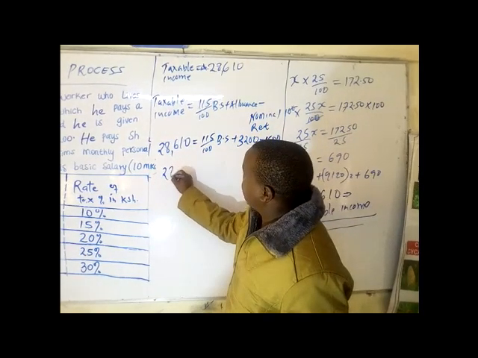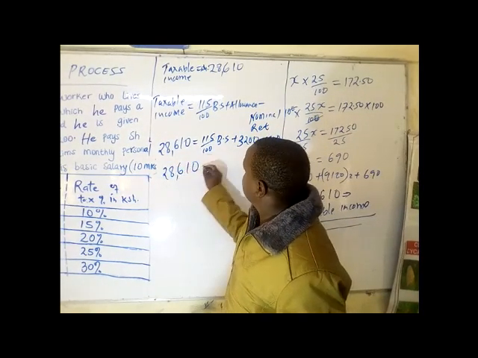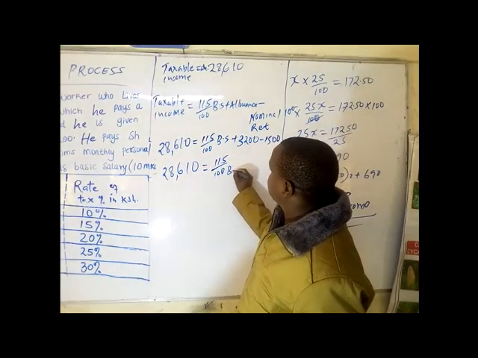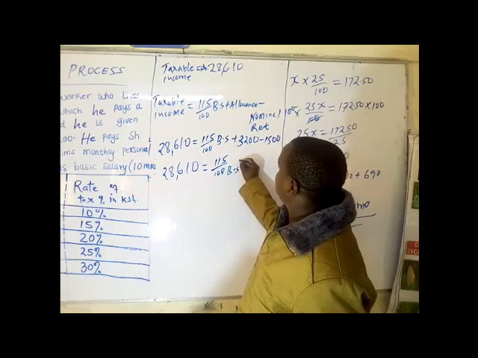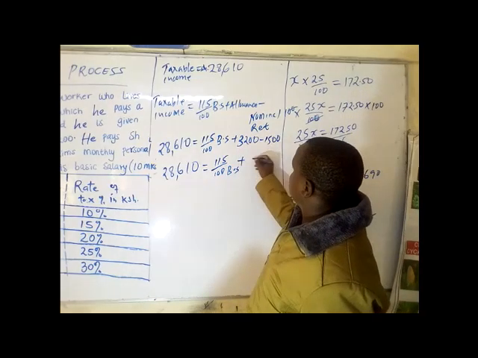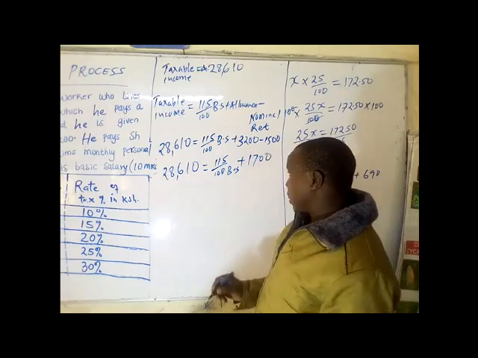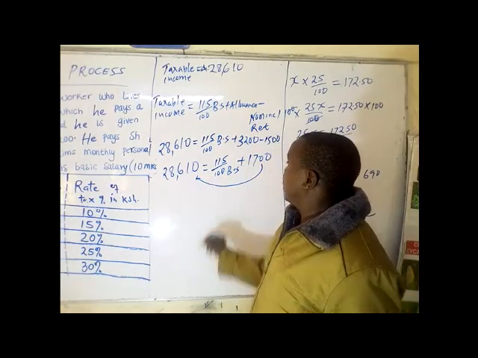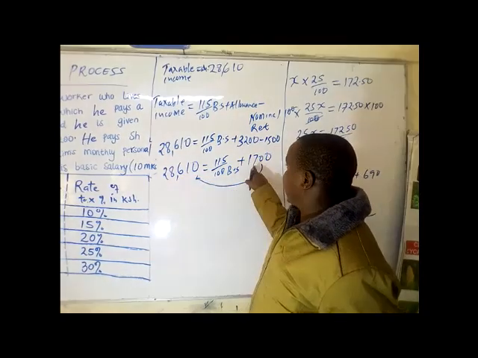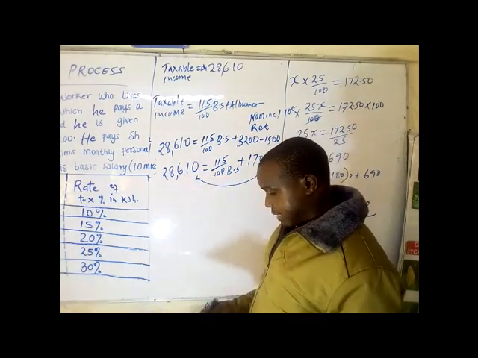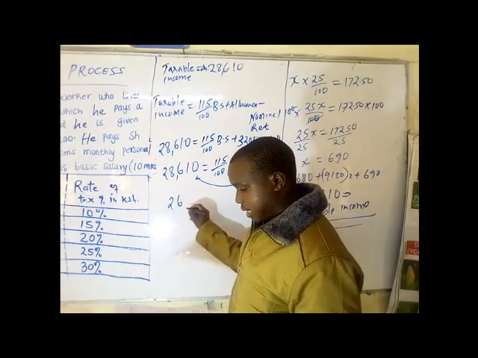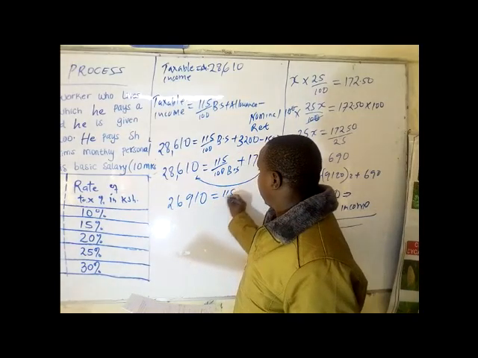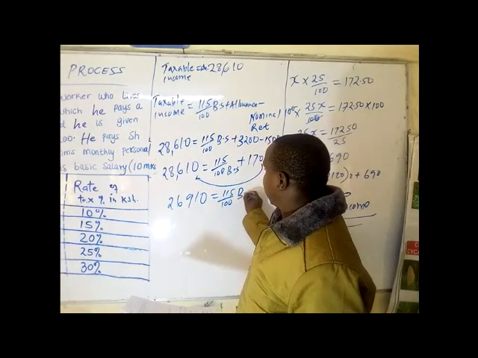So this is 28,610, which is equal to 115 over 100 basic salary plus 1,700. So what you do, like terms together, bring this to this side. You subtract 1,700 from this one, and you will obtain 26,910, which is equal to 115 over 100 basic salary.